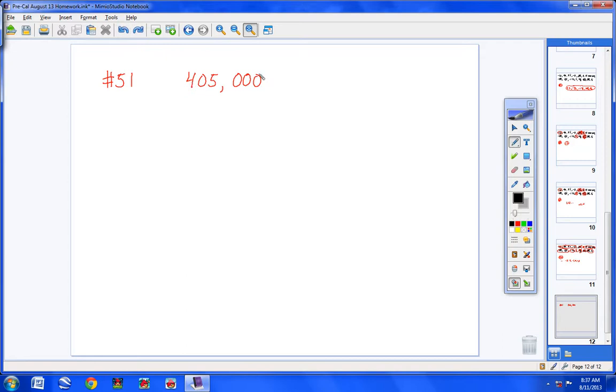We're going to move it 1, 2, 3, 4, 5. So I moved it 5 places. So scientific notation would be 4.05, and then cross off all the other zeros on the end, times 10 to the 5th place. All right, pretty simple.